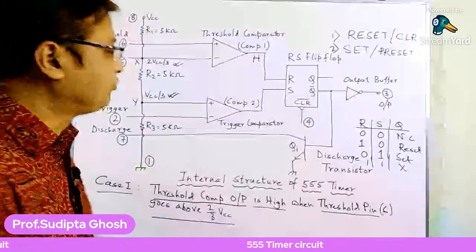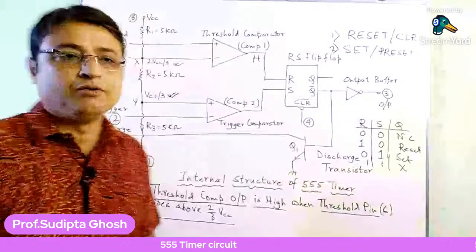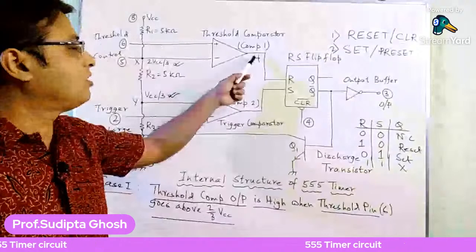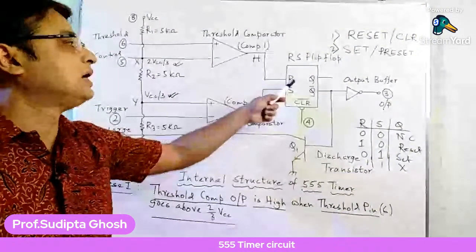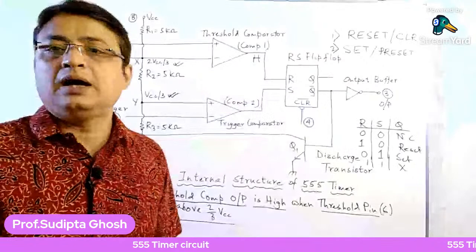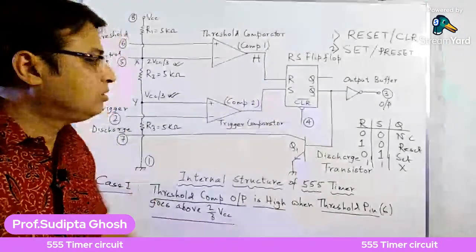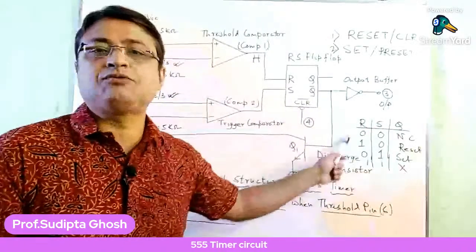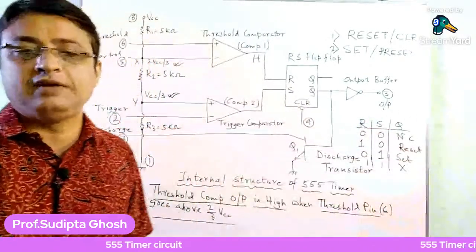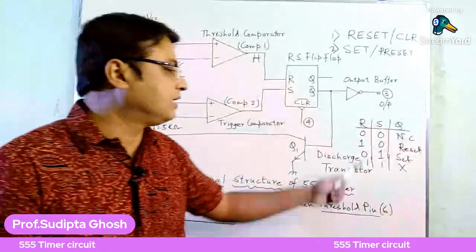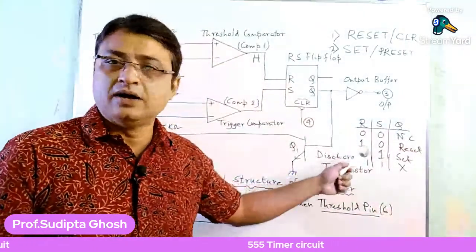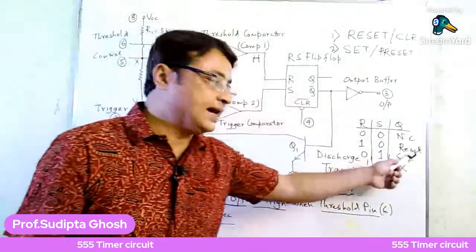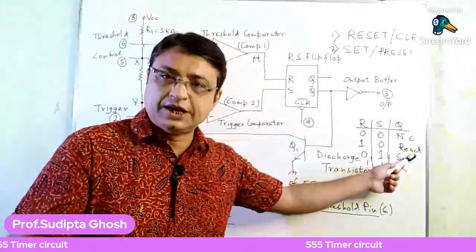We have already derived here that H, the high input, is at the reset terminal of the SR flip-flop. As the truth table for an SR flip-flop tells us, whenever the R input, or the reset input, is high, the output will be reset, or the output will be 0.